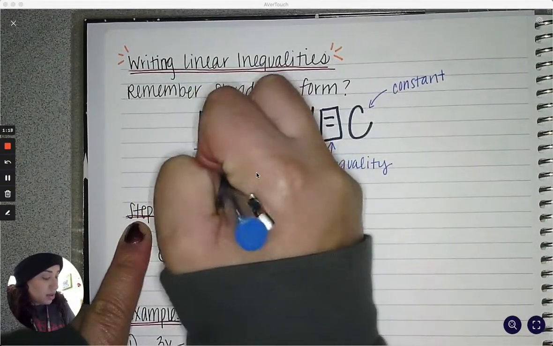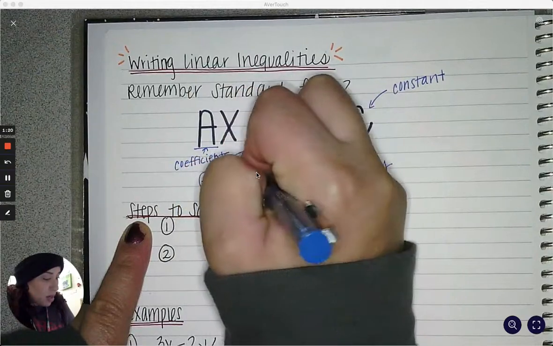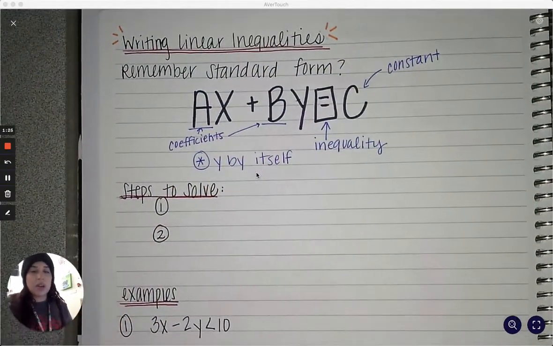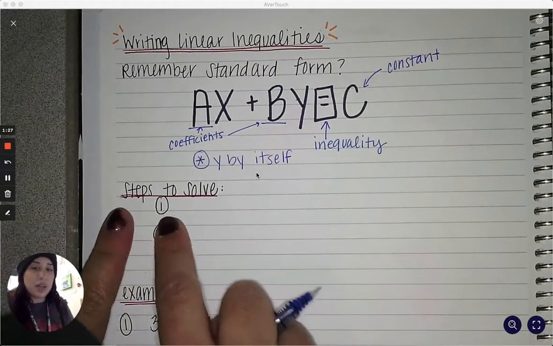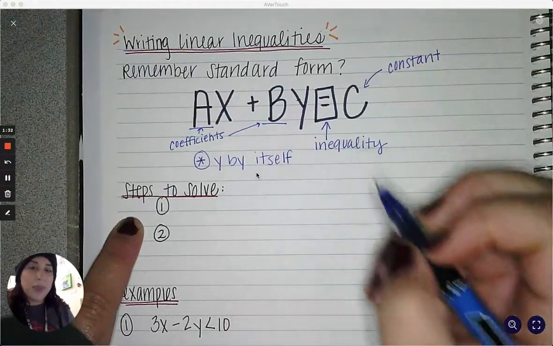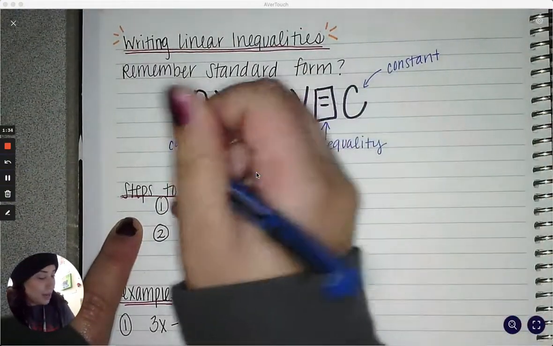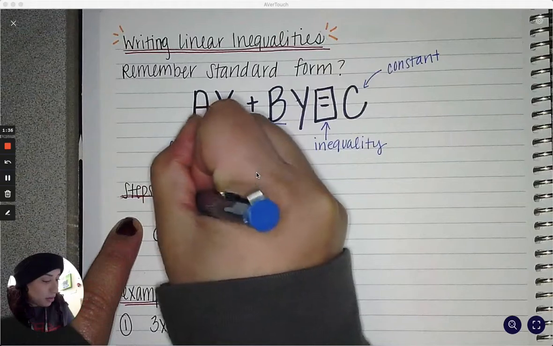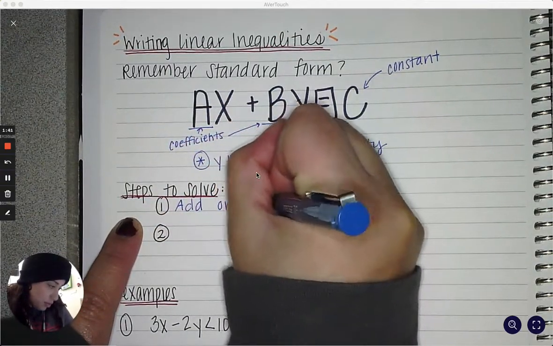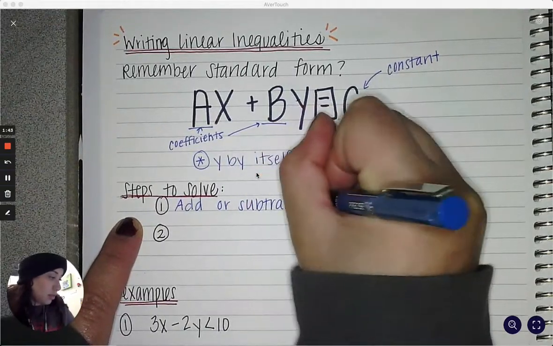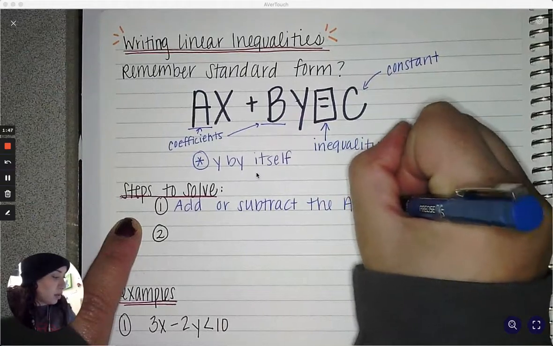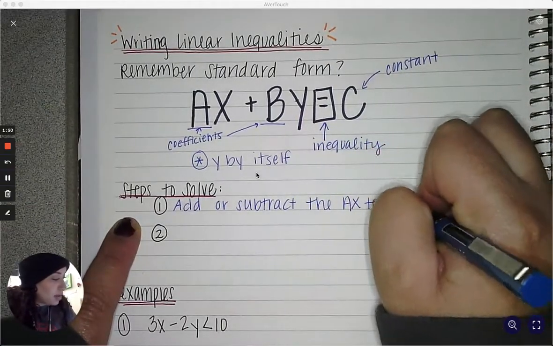So if we want to get y by itself, step one, we're either going to add or subtract the ax term from both sides.